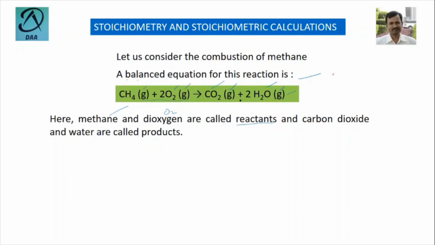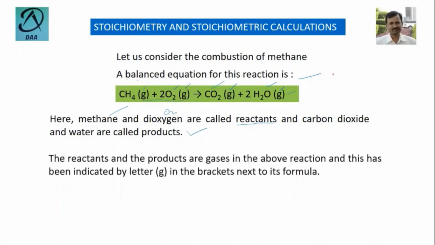And on the right side, both carbon dioxide and H2O are called the products. The reactants and the products are gases in the above reaction, and you have to mention g in the bracket after the formula of each compound.